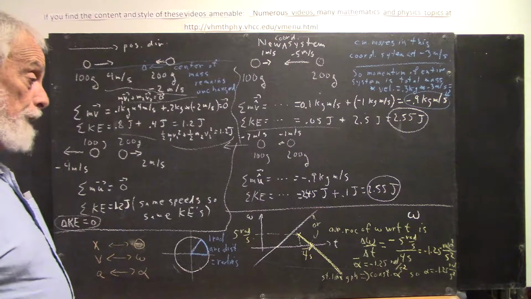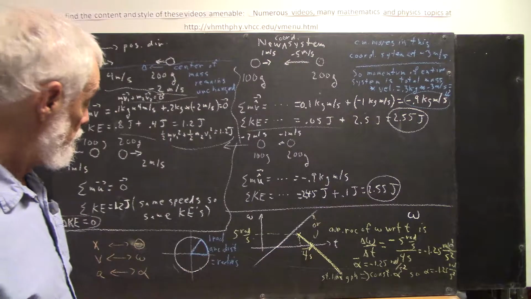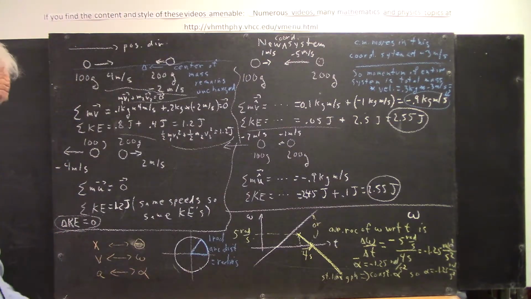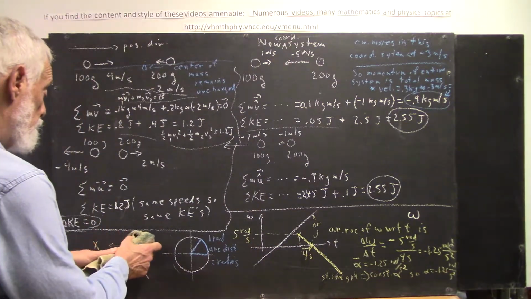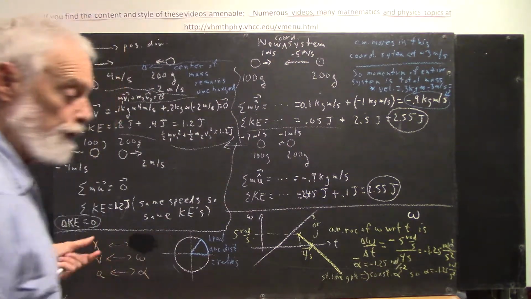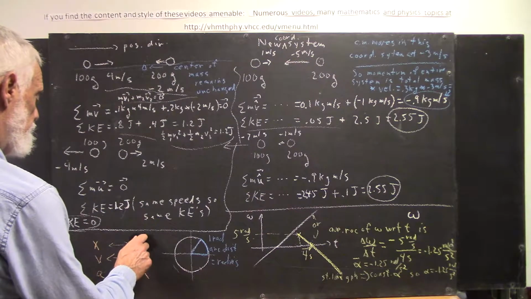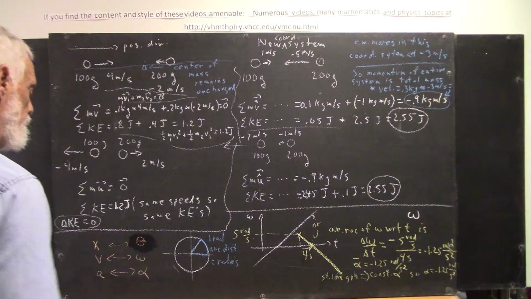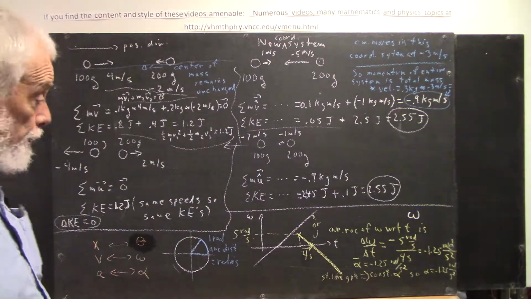Okay? Well, the analogy is so strong, every bit of reasoning that we used in deriving the equations of uniformly accelerated motion and integrating the motion equations, whether uniformly accelerated or not, every bit of that reasoning works exactly the same for rotation.